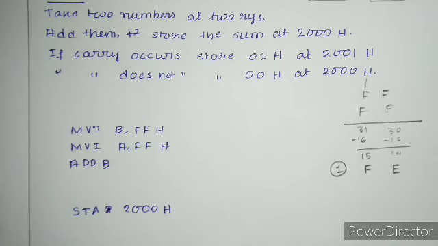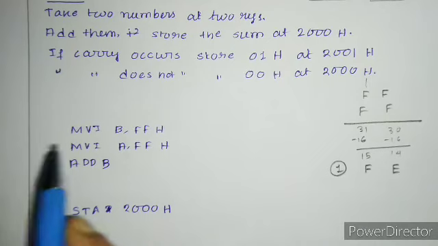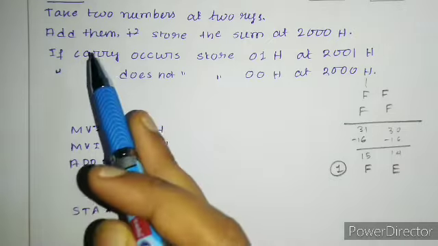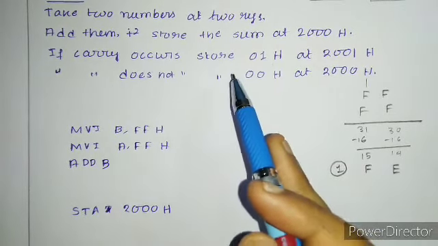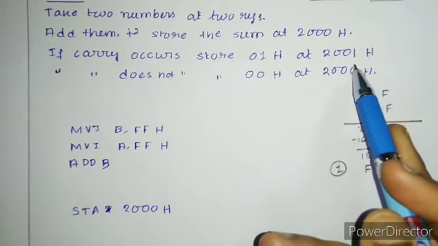So we need our carry flag also. When we see the flag register, we can see that there is a carry, it will give you 1. But I wanted to show it at a register also. Now look at my question: if carry occurs, store 01 at location 2000H.